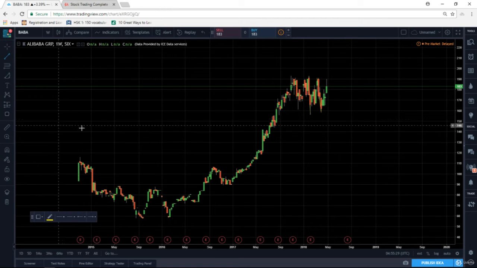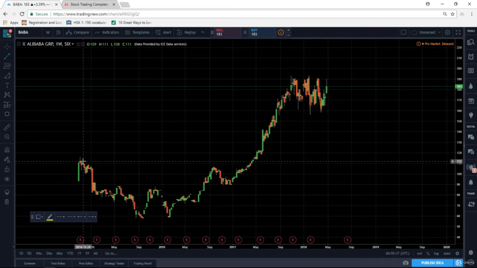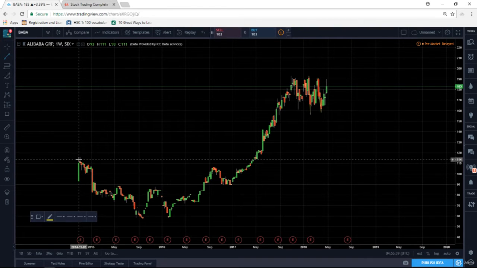All right, so start from the left. This is where the stock price is from 2015; you can see that the initial IPO is in 2014.